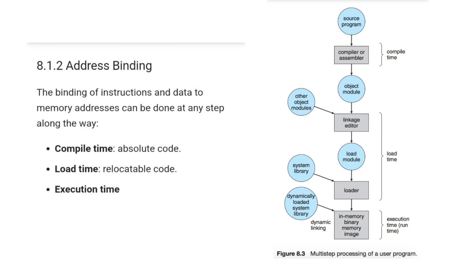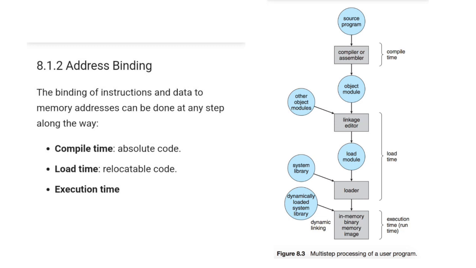DOS .COM programs use compile-time binding. The next stage is load time. If the location at which a program will be loaded is not known at compile time, then the compiler must generate relocatable code which references addresses relative to the start of the program.